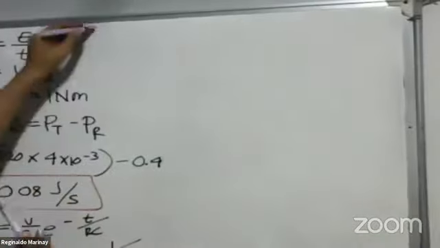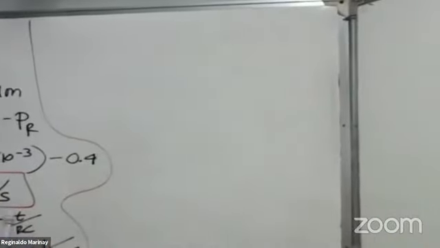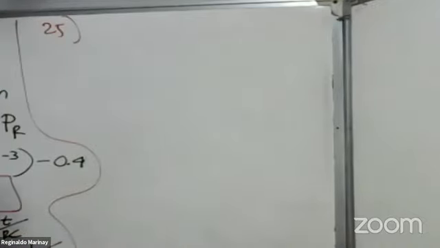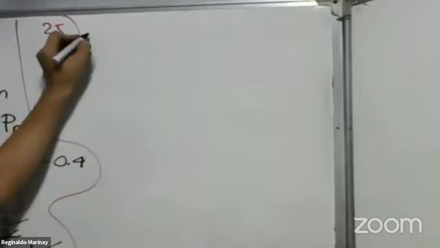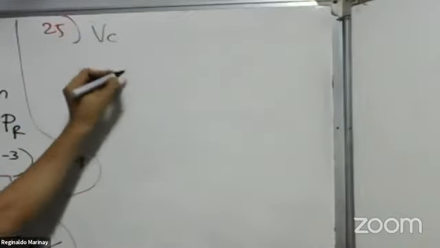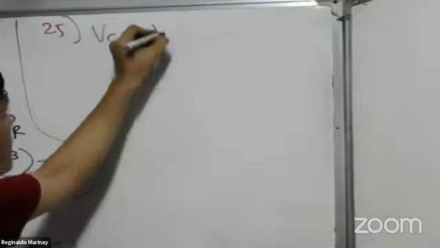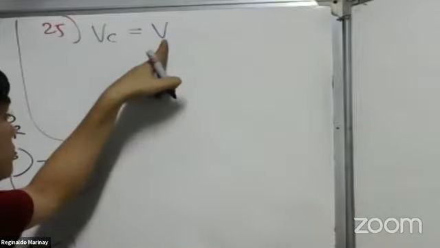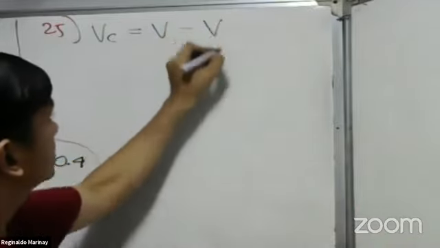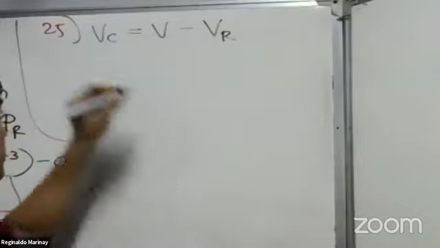The voltage in the capacitor, for number 25. The voltage across the capacitor is equal to the total voltage E minus the voltage across the resistor.